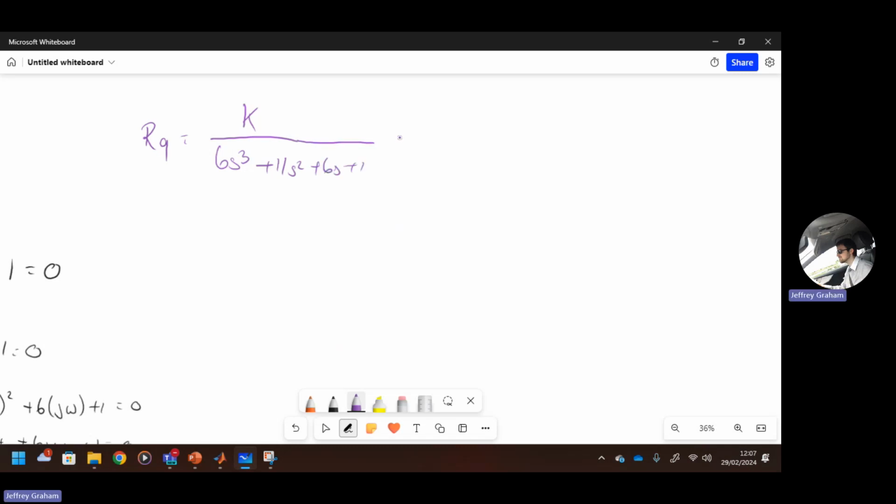Closed loop function. We linearize that as usual. So the first step's the same as before. K plus 6s cubed plus 7s squared. Right.